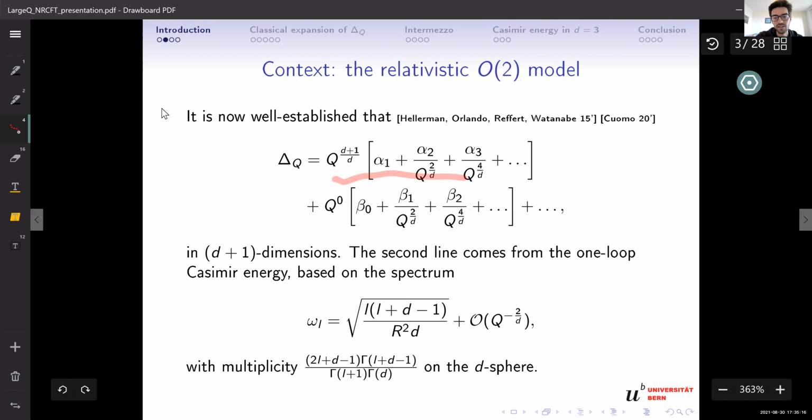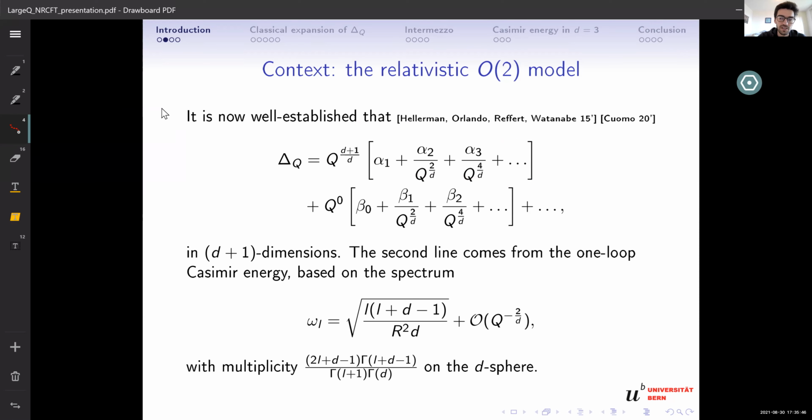The first line here is actually pretty simple to obtain, right? You write down the effective action, and then you just evaluate the VEV of all the operators in the superfluid ground state. But on top of that, you might want to include quantum corrections, right? And if we do, we compute the Casimir energy, which amounts to computing the determinant of the fluctuations above the ground state, right?